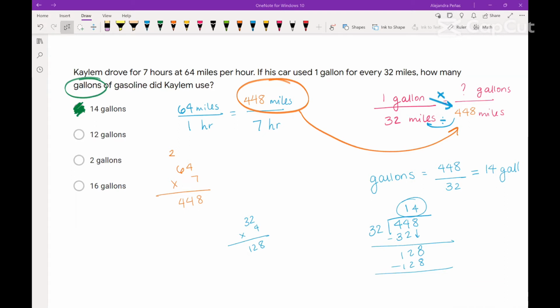All right. Let me start with some basic ones, and then we'll slowly increase the difficulty levels.